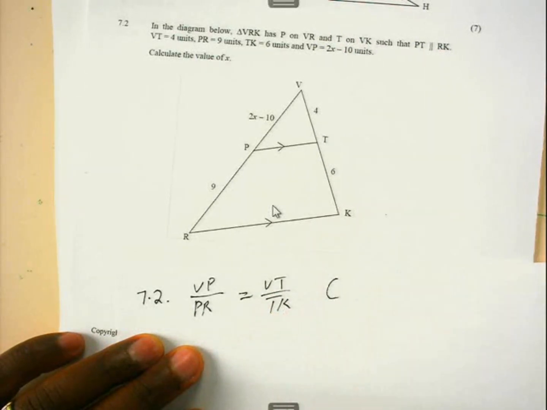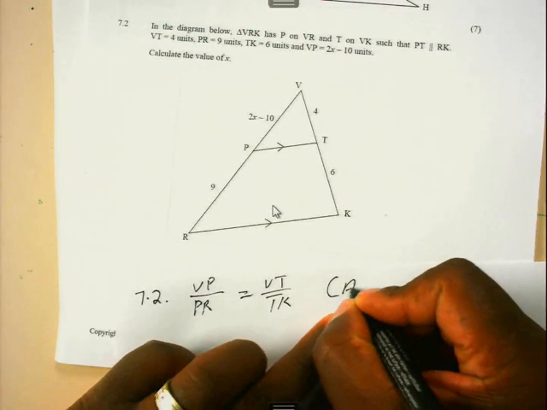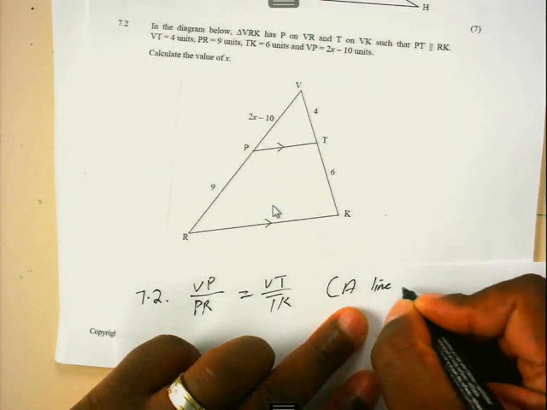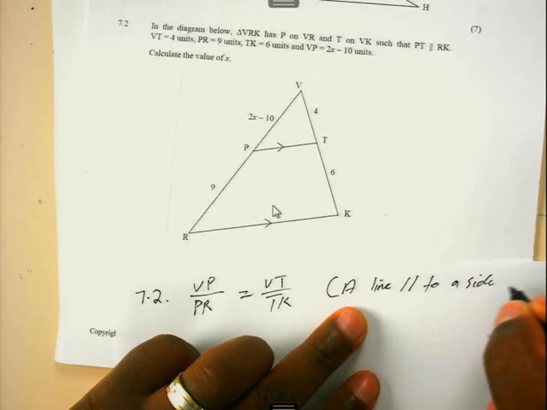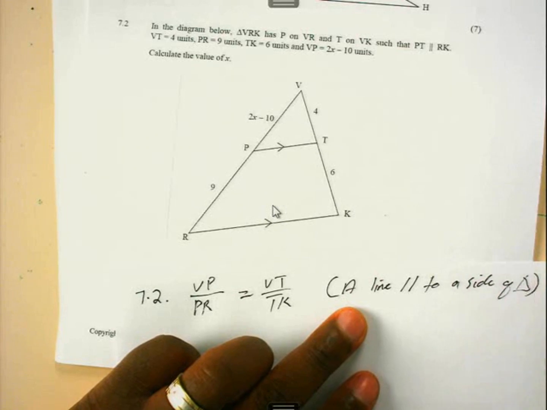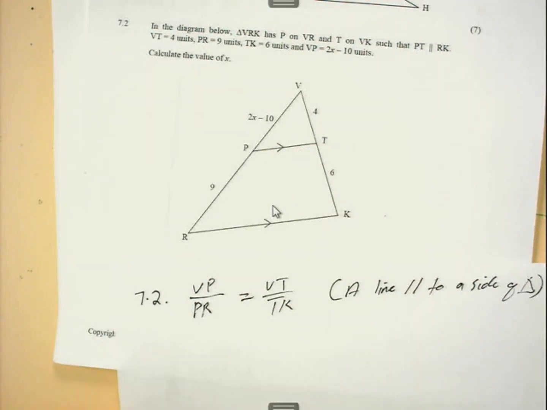Let's write down a reason for that statement. It's because it's a line parallel to a side of a triangle. We know that a line parallel to a side of a triangle cuts the other two sides so as to divide them in the same proportion.